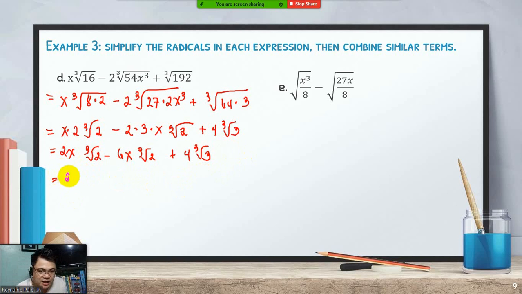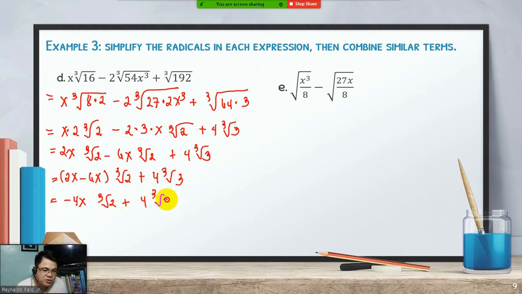So we have 2x minus 6x cube root of 2 plus 4 cube root of 3. So 2x minus 6x is negative 4x cube root of 2 plus 4 cube root of 3. Alright? Then that will serve as our final answer.